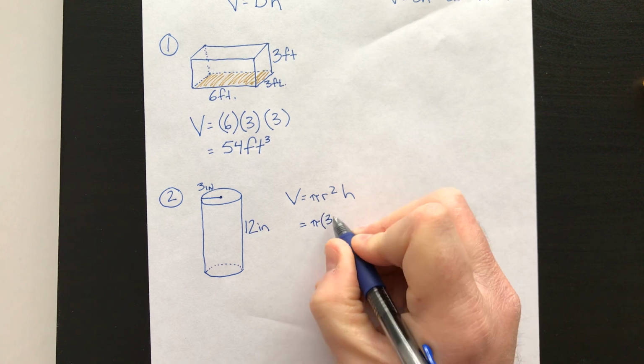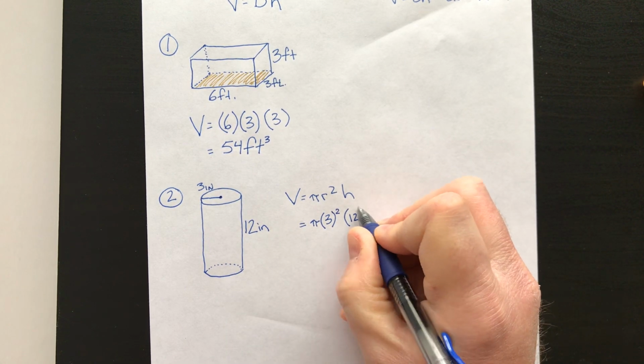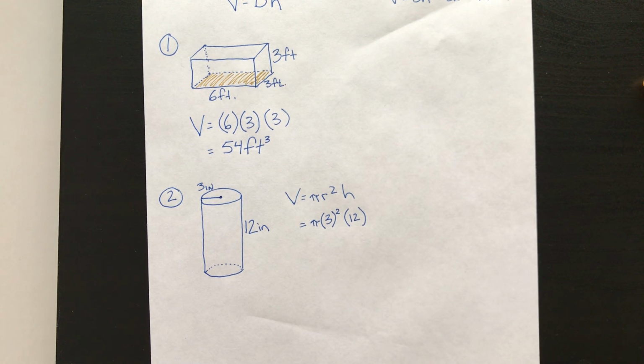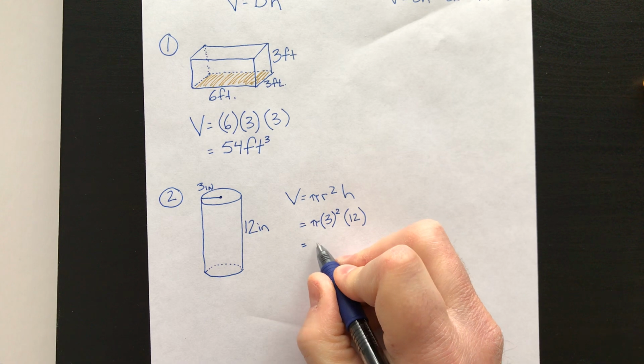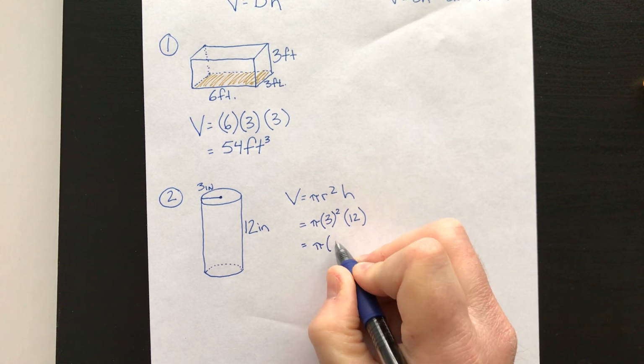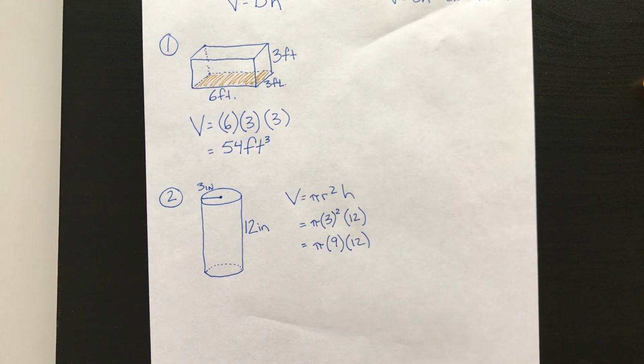So our radius is 3 times our height, which is 12. Now I don't know if this problem tells us, oh, it says to round to the nearest whole number.